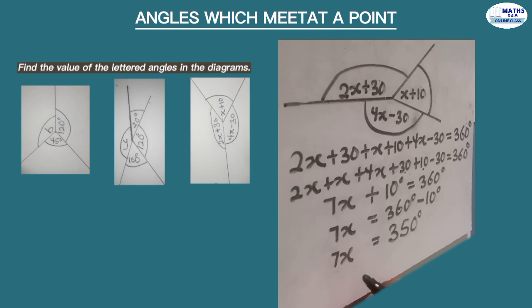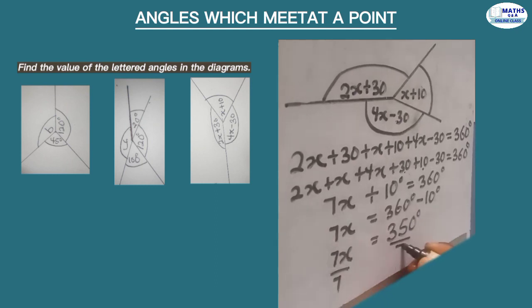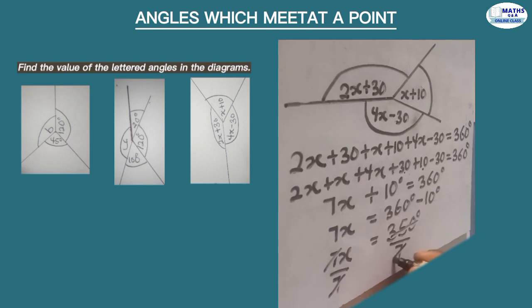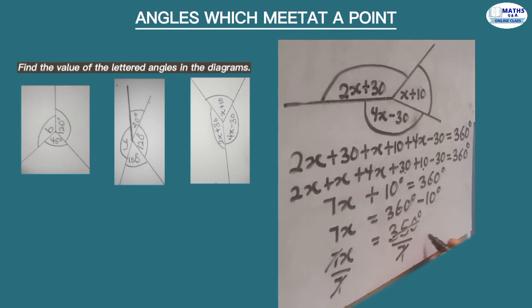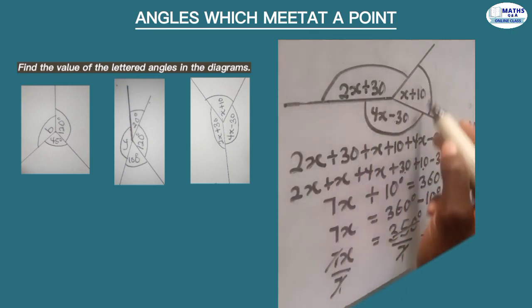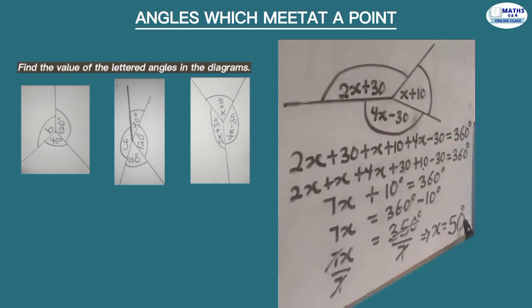We don't want 7x. So we divide both sides by 7. Now x will be left here. 350 divided by 7 will give us what? 50, right? So this implies that x is equal to what? 50 degrees. So the value for x in this diagram is what? 50 degrees.